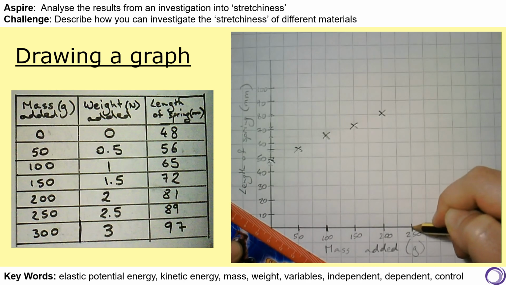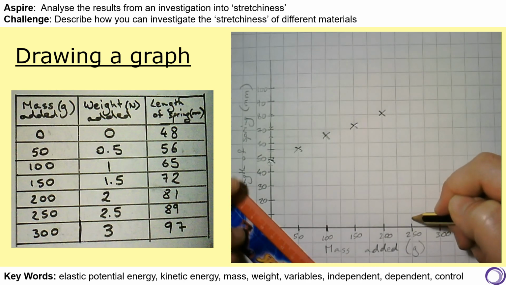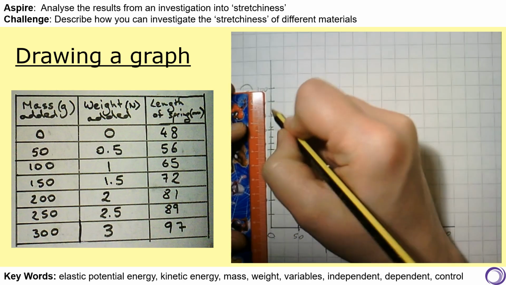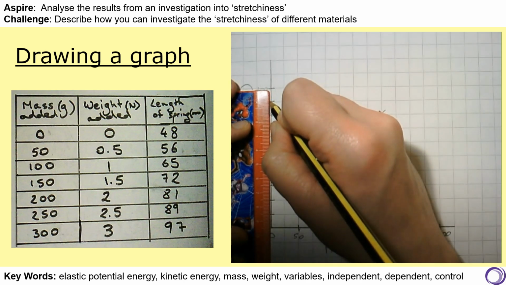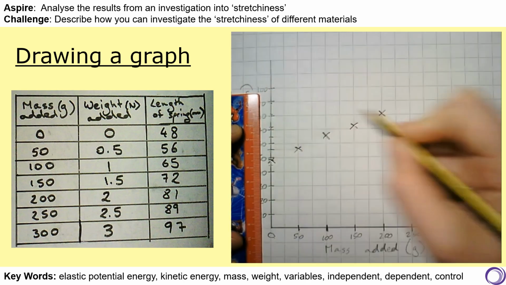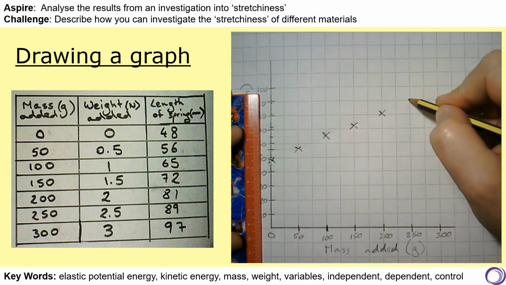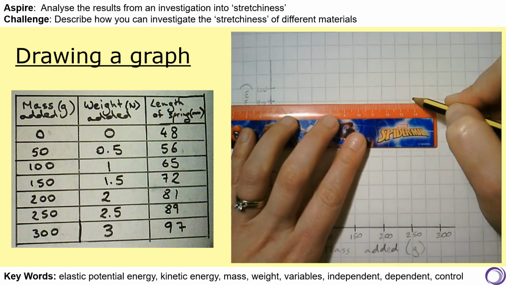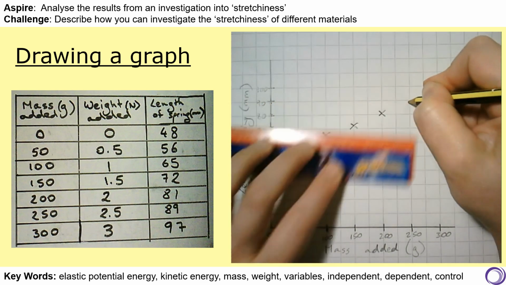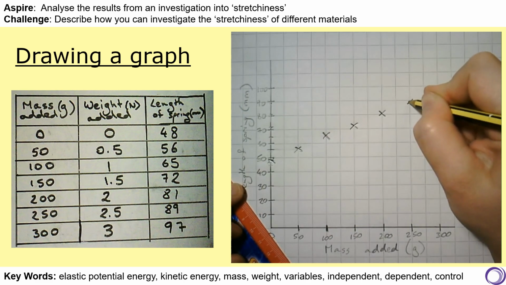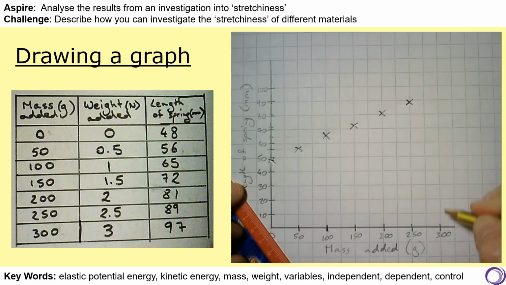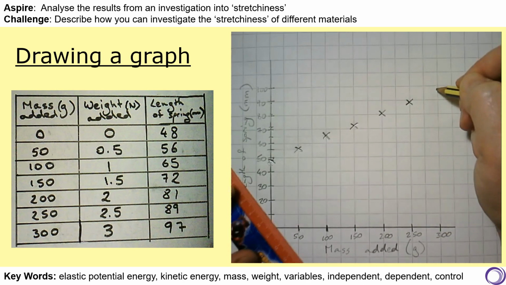And then 250 grams added gave me a length of 89. So again, that's 90 there, so 89 is just below there. So 250 grams added here. There's 89 millimeters in length. And then the final one, 300 grams added, gave me a length of 97.